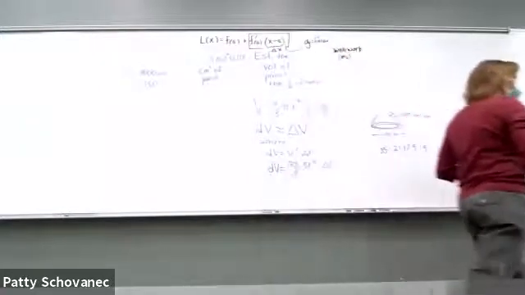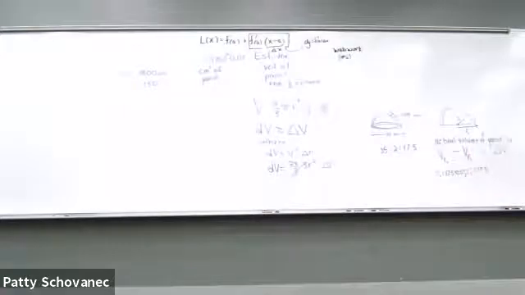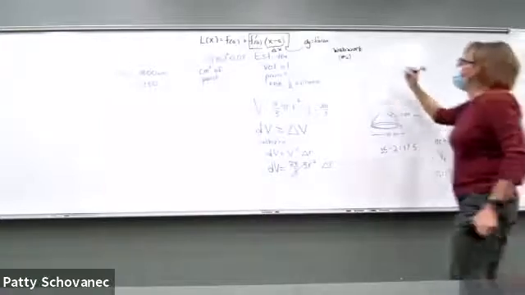Okay, so web work number 6 says that a soccer ball is made of leather 1/8 inch thick and has an inner diameter of 8.5 inches.